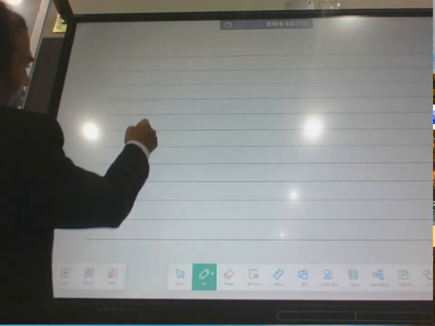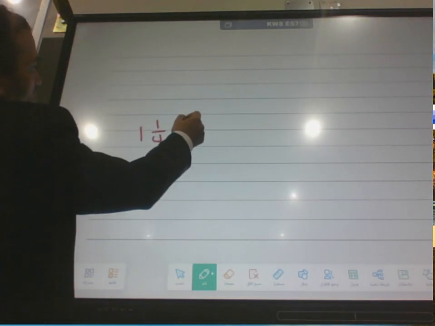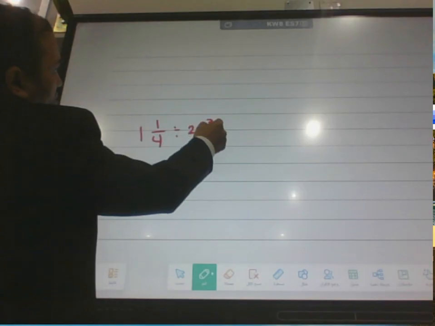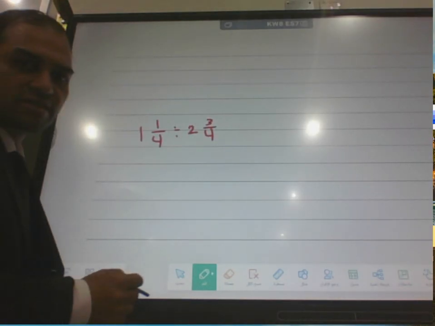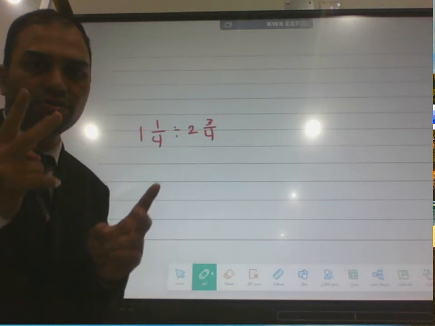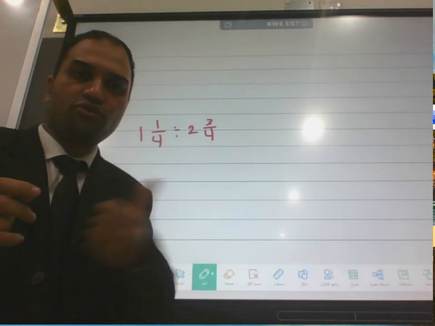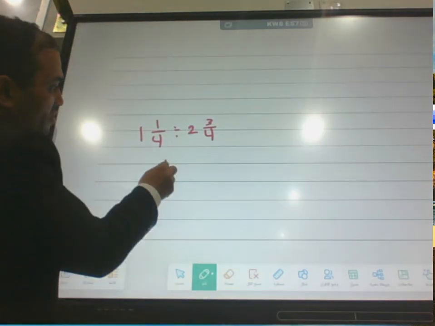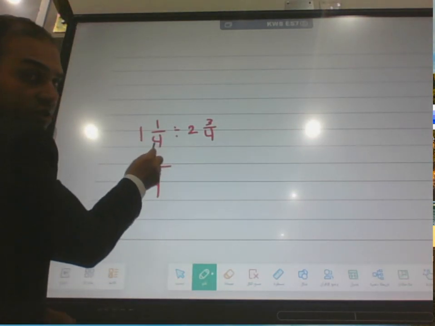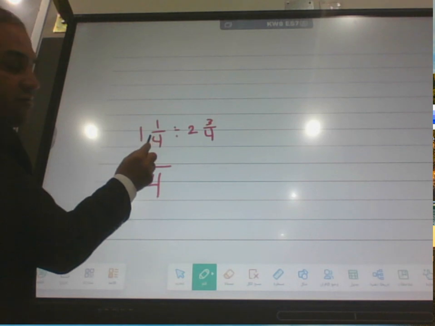Now we have 1 and 1 fourth divided by 2 and 3 fourths. You can solve this example. First step, you must convert the two mixed numbers to improper fractions. Keep 4 in the denominator: 1 times 4 equals 4, 4 plus 1 equals 5.